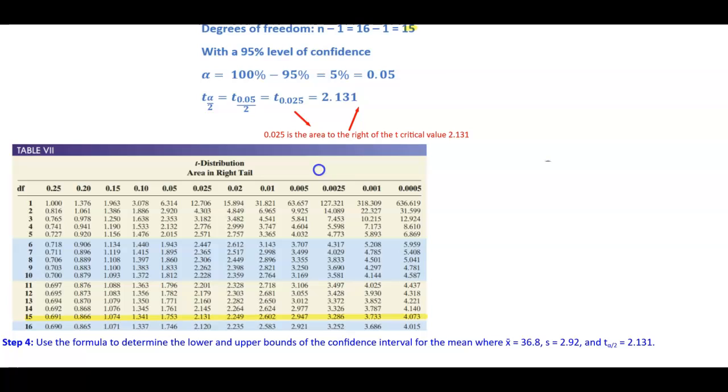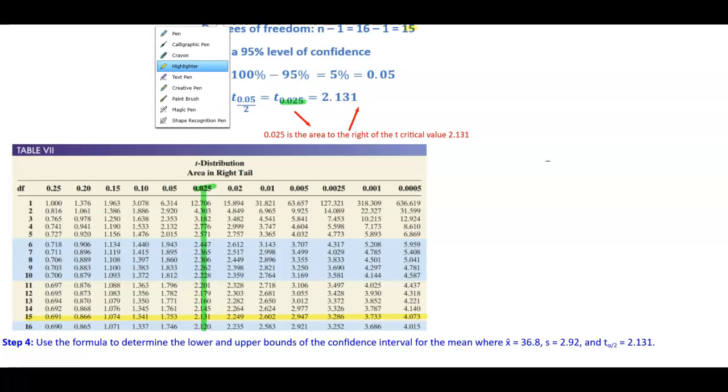And then we're going to use the area to the right, which is 0.025. So here is 0.025, and then we're going to scroll all the way down, and where they intersect is going to be the critical t-value. So the critical t-value is 2.131.